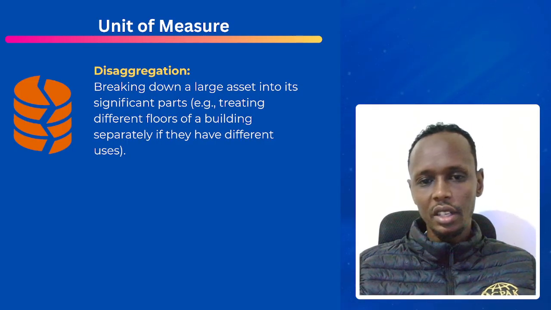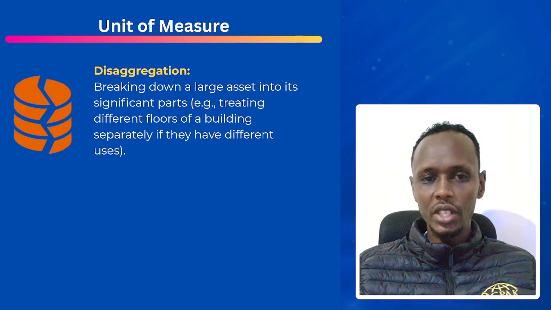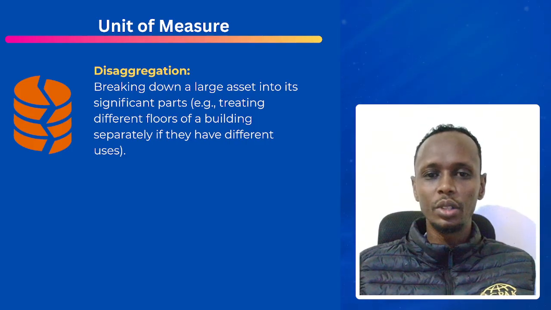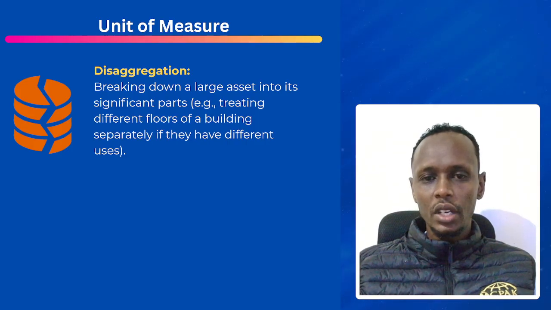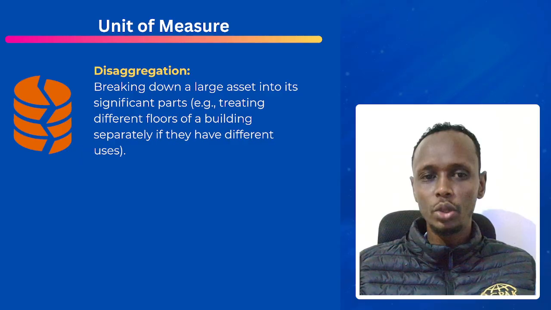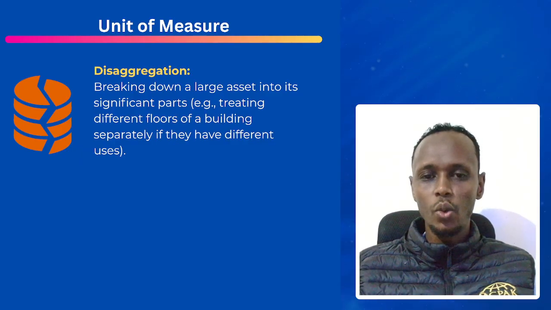Unit of measure. When we talk about unit of measure and our recognition, initially you know this asset has a value, right? So there is the concept of aggregation and disaggregation. What you can disaggregate and what you can aggregate.